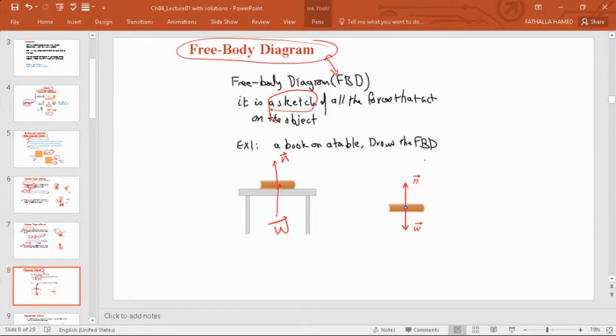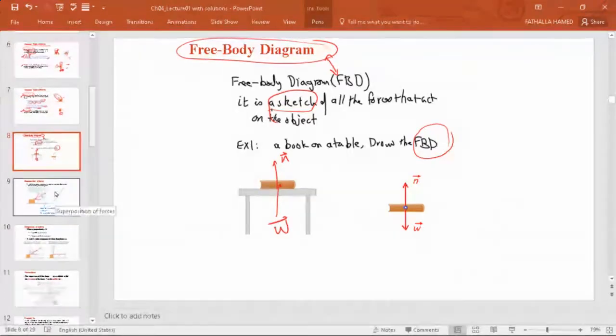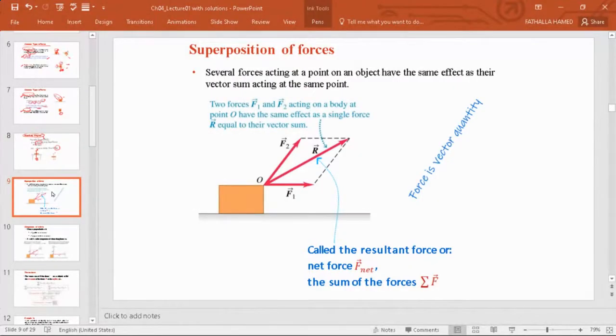So usually to identify the forces, you make a sketch and you draw something that we call a free body diagram, because it's sketched freely by hand, and you identify the forces. Once you identify the forces, you can basically look at what is the effect of these forces on the object. And that's why here we deal with superposition of forces. Superposition comes from superimpose.